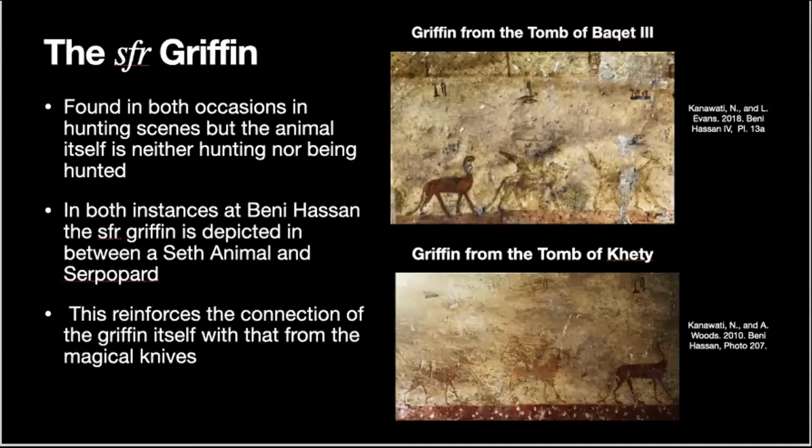This understanding, especially in connection to the context of the figures around it, would work well with the idea of this griffin as part of the solar entourage, acting in these tombs in the same way that they do on the knives, and helping to protect the tomb owner in an apotropaic manner with regards to the rebirth in the afterlife.